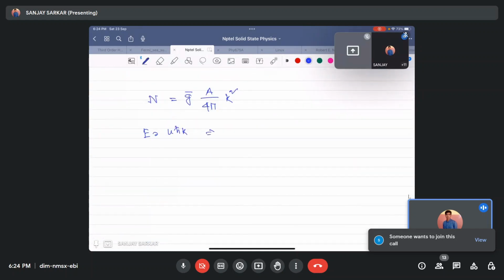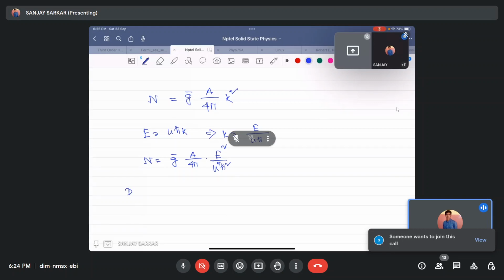From there you can calculate k in terms of E, which is E by u h bar. Now replace this in the expression of n as g bar A by 4 pi into k square, and k square is E square by u square h bar square.